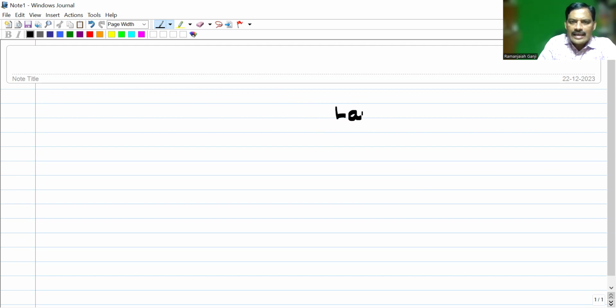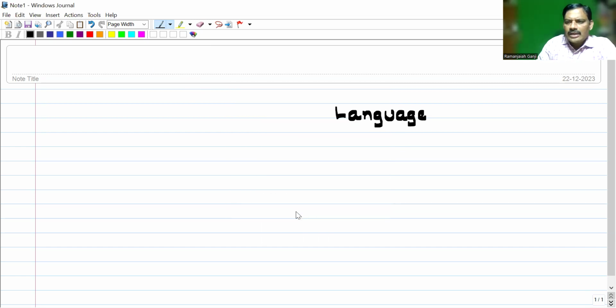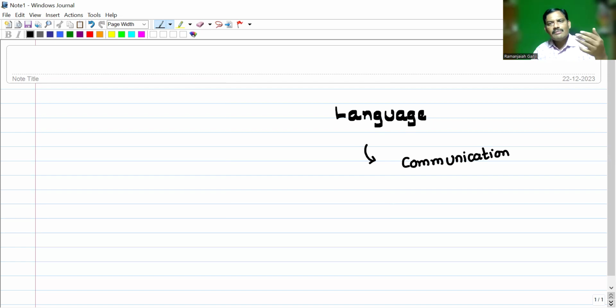It's a language. See, a language is nothing but a communicator. Language is nothing but a communication between two people. Generally, we use Telugu, English, Hindi, Malayalam, or any other.